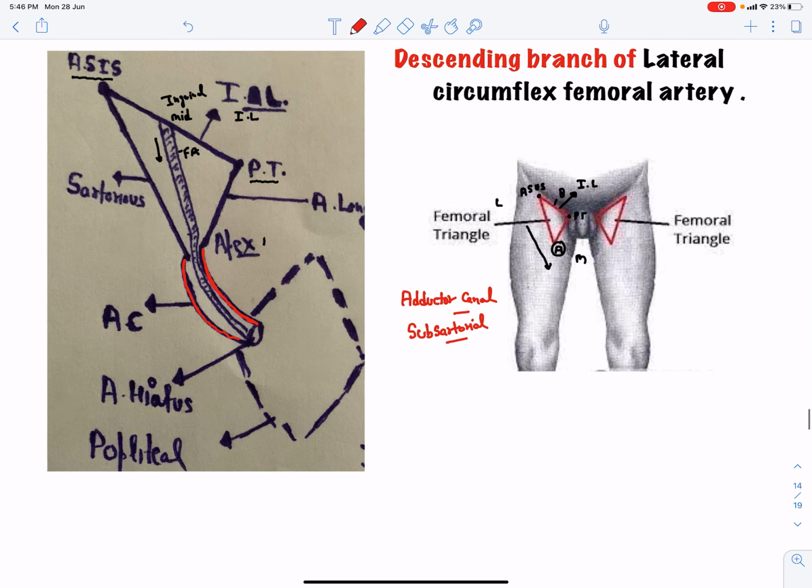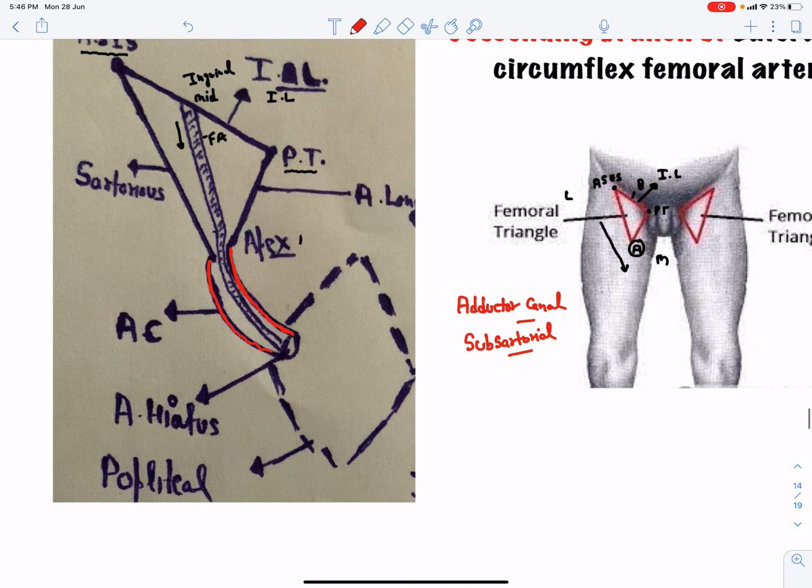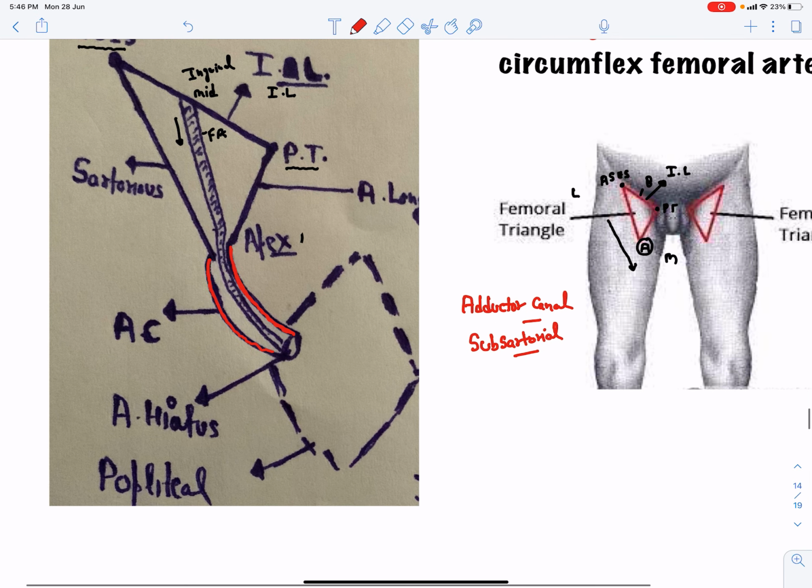The apex is going to continue with the adductor canal, which is nothing but one tunnel. It is an intermuscular tunnel, meaning between the muscles, there is one tunnel. That tunnel is actually called the adductor canal.